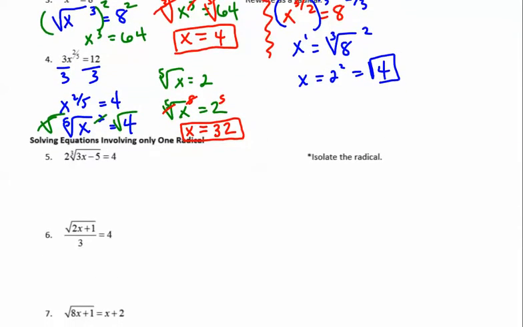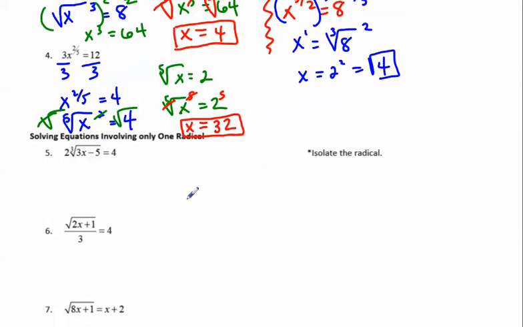Alright, here we are going to solve some equations again, so we need to get the radical by itself first, so divide by 2. Cube root of 3x minus 5 is equal to 2. Now you're ready to get rid of the cube root, so you cube both sides.